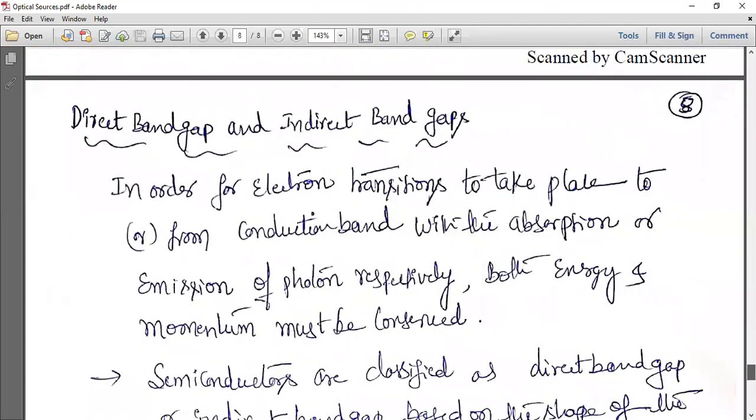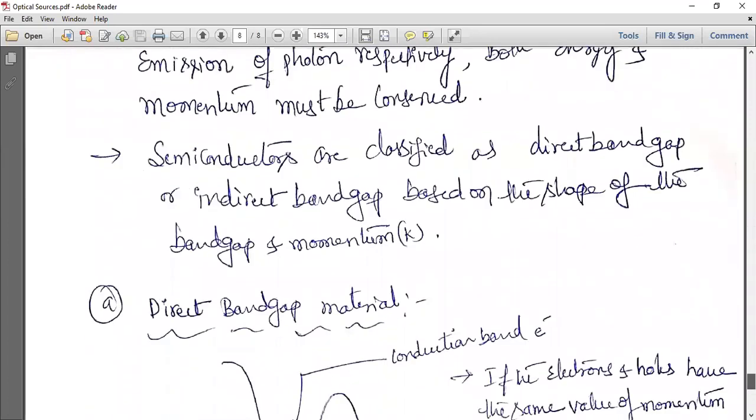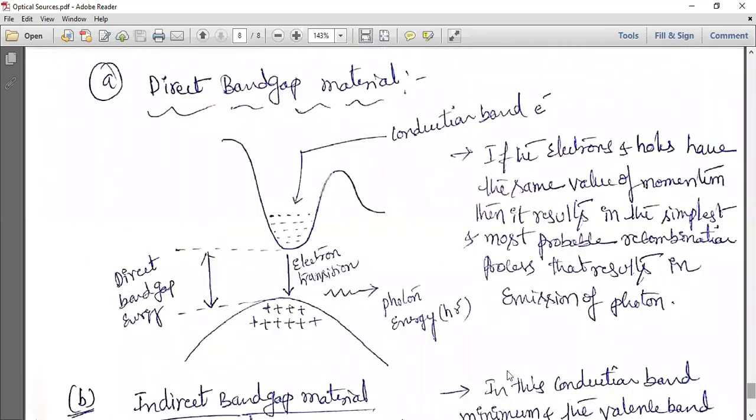We also discussed direct band gap and indirect band gap. The gap between the lowest energy level of the conduction band and the highest energy level of the valence band is your band gap. In this band gap energy, there is a direct band gap as well as an indirect band gap.